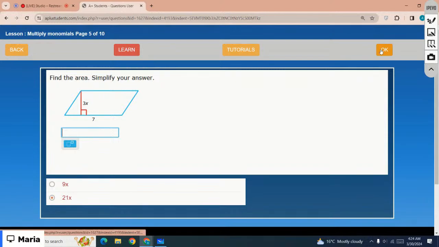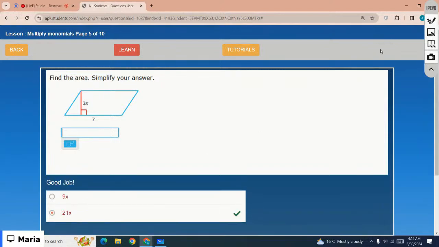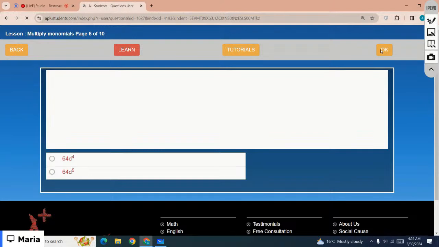You have to do base times height, that is 21x. The next one is simplify 8d times 8t4, which is the correct option.